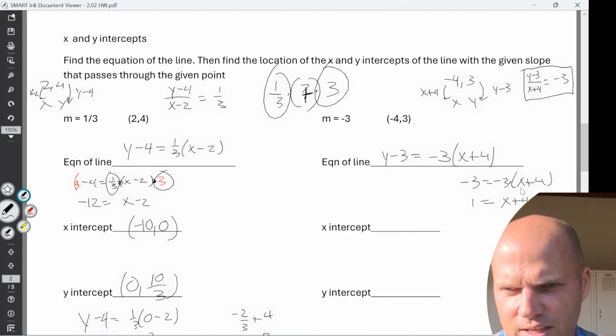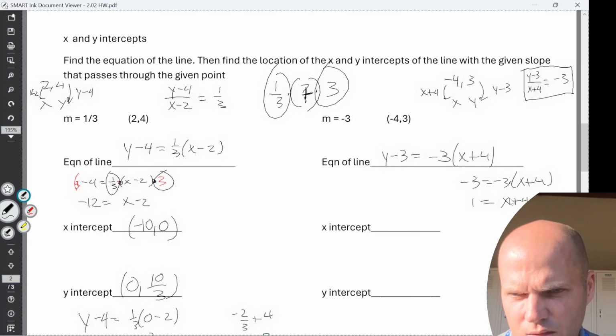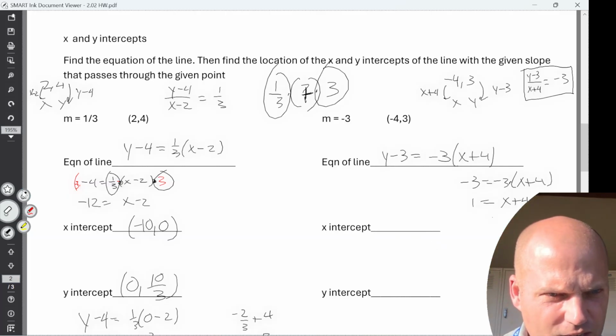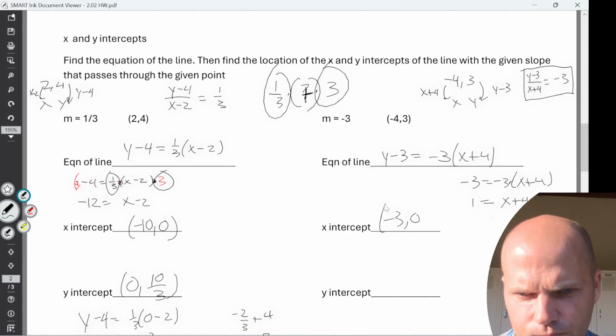You don't have to divide the x plus 4 by -3 because you already just did the -3 divided by -3. Cool? And then you subtract the 4 and you get x equals, look at that, another -3. So we would like to write the x-intercept as (-3, 0).